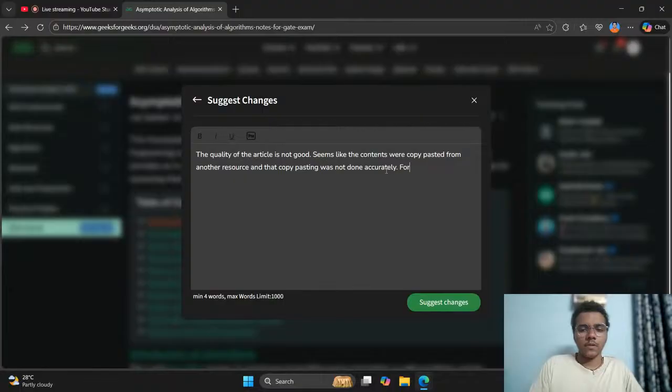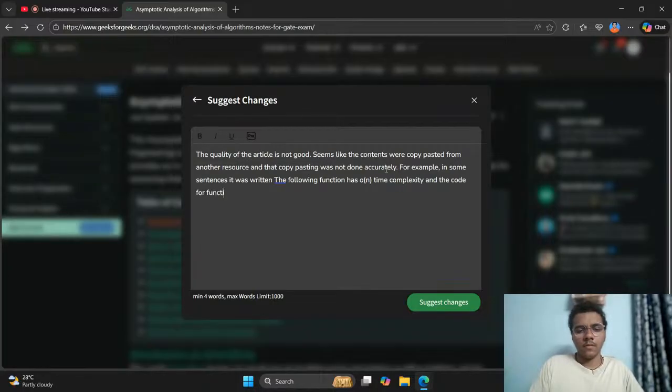For example, in some sentences it was written the following function has O of n time complexity, and the code for the function is not present.